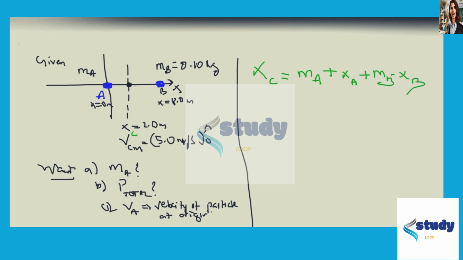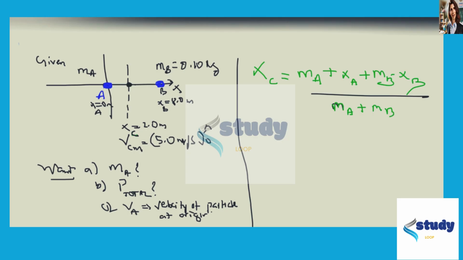So just to make sure the labels are right, this is XB, and this is XA, and this is XC. And so this is divided by MA plus MB.